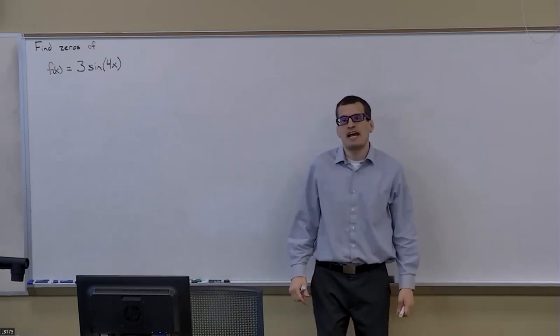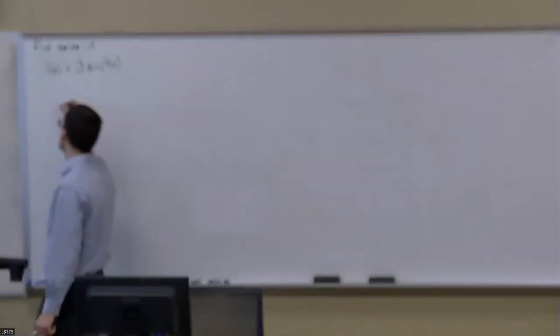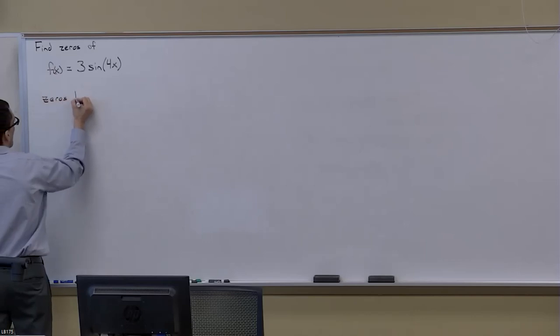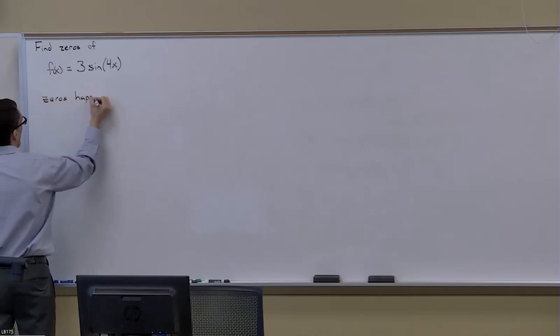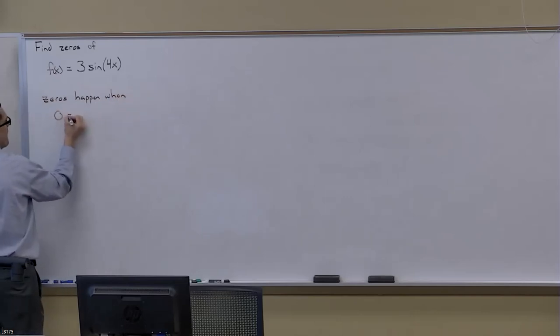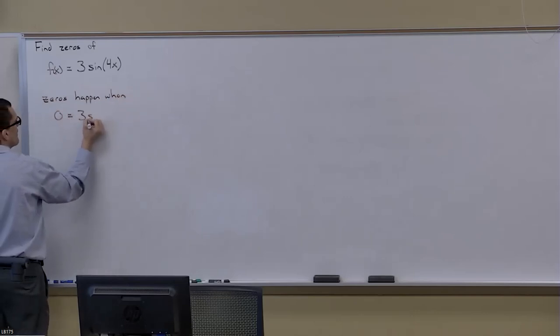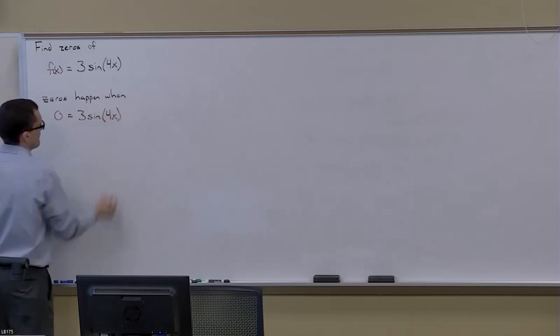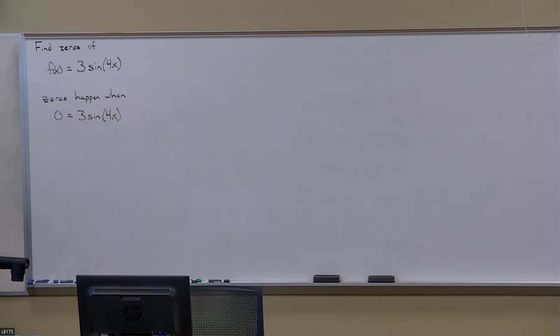So the zeros happen when my output is 0, also graphically, when we cross the x-axis.